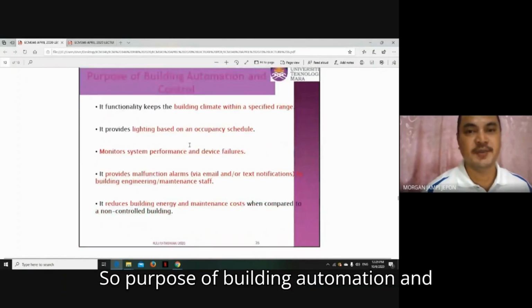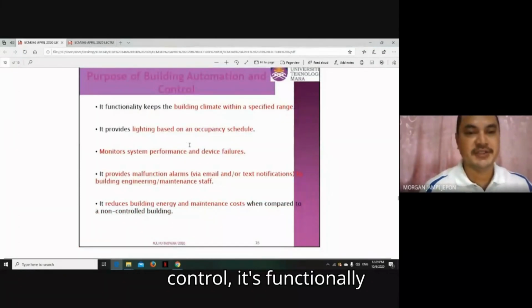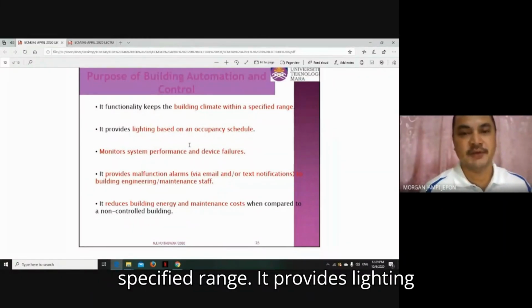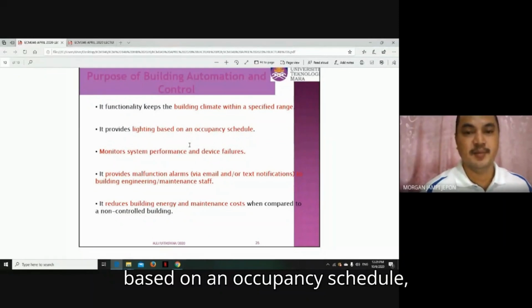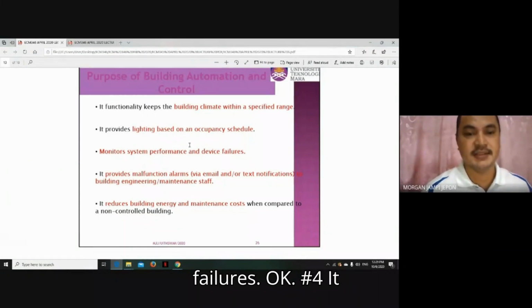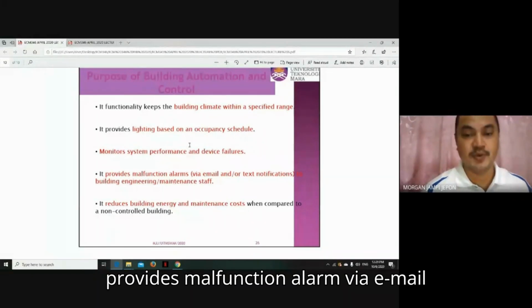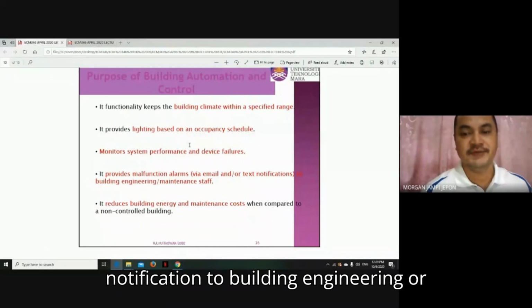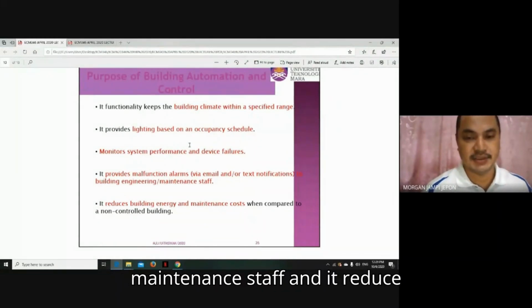So purpose of building automation and control, it functionally keeps the building climate within a specified range. It provides lighting based on an occupancy schedule, monitors system performance and device failures. Number 4, it provides malfunction alarm via email and/or text notification to building engineering or maintenance staff.